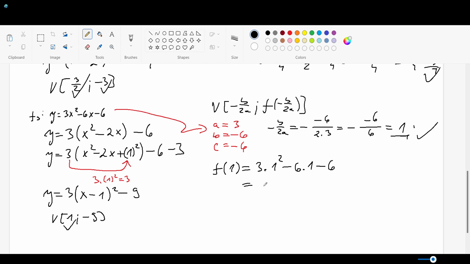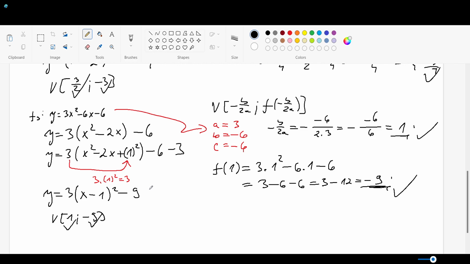This is equal to 3 minus 6 minus 6, which is equal to 3 minus 12, and this is equal to negative 9, which is really again the same number, the value of the y coordinate of the vertex. This is how you do it when you want to use the vertex form of the quadratic function.